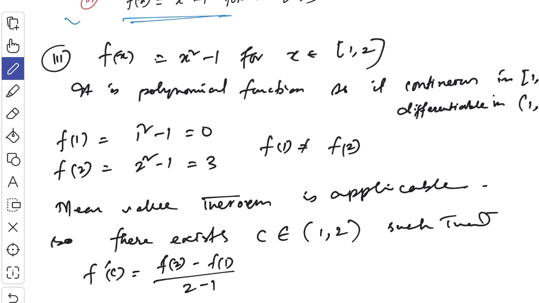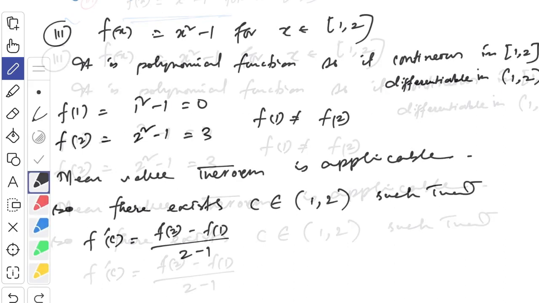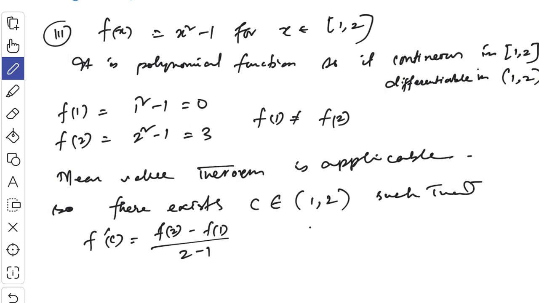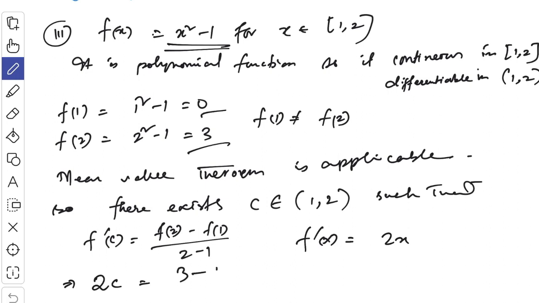Now you see, in order to find c, let me find f dash x first. So from this function, f dash x will be twice x only. So here you see, for f dash c it will be twice c. So f of 2 we have got here 3, f of 1 is 0, 3 minus 0, and 2 minus 1 is 1, so it's going to be 3 only.